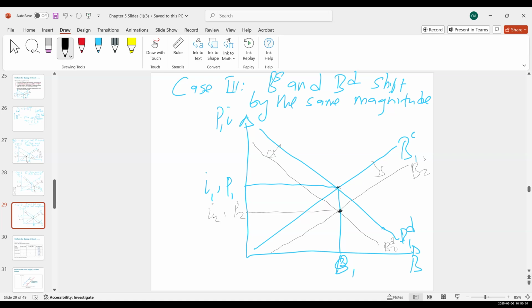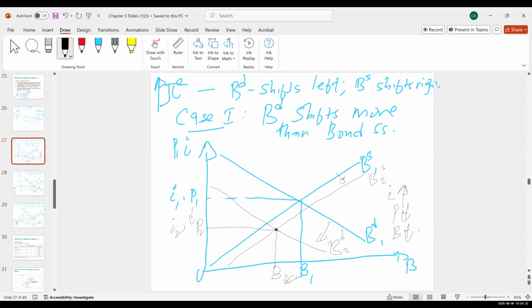So here we're going to say, under this case, B is unchanged. There's no change in equilibrium quantity, but bond price falls. We put an arrow pointing down to mean falls. Interest rate is going to rise. Okay? So now we can summarize.